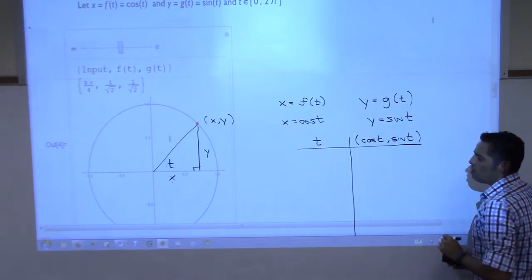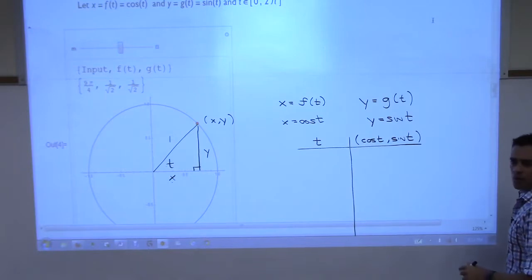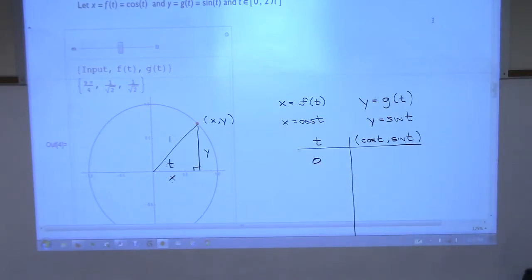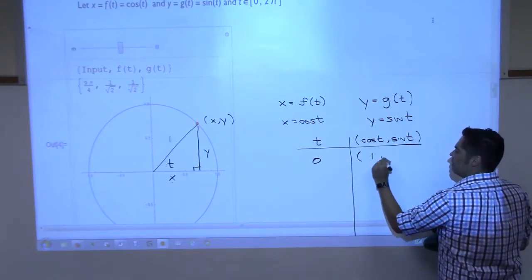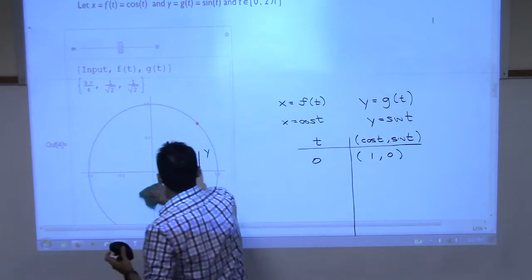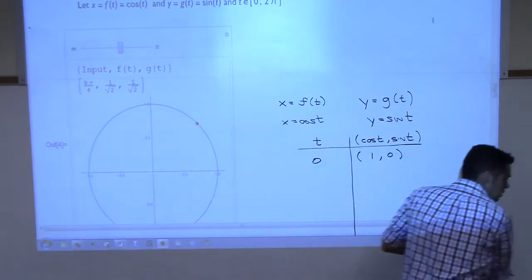All right, so let's start with 0. What would you get if you plug in 0 for t? So the clock is about to start. It's at 0, and where am I? So cosine of 0 is 1, and sine of 0 is 0, right? So I'm actually at the point 1, 0.